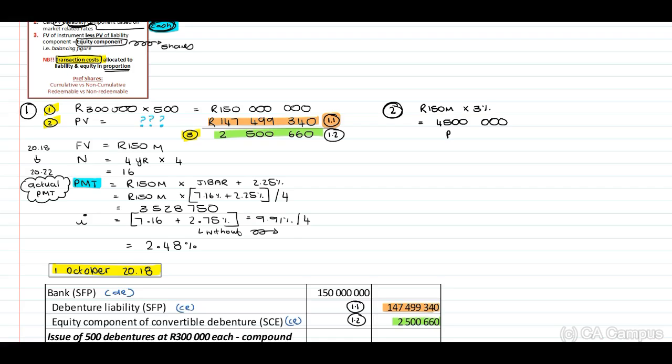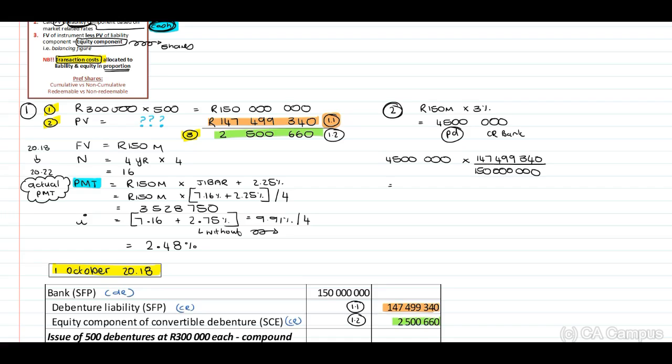If this is transaction costs, they had to pay this. Therefore, they had to credit the bank. We need to allocate this. Therefore, this will be the 4.5 million times 147,499,340 on our total 150 million.